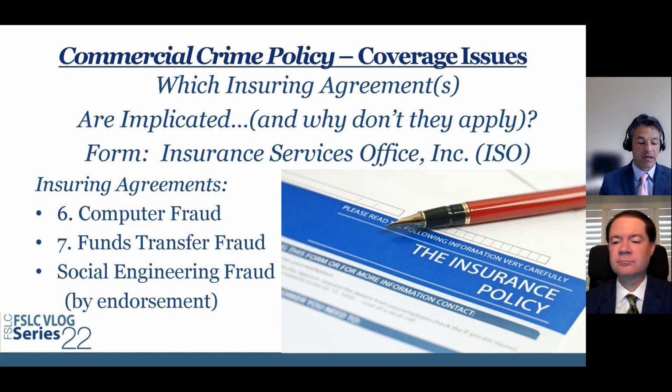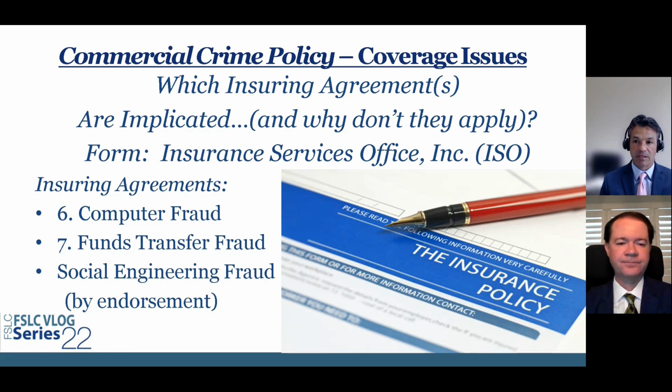Computer fraud, as provided in the policies, is where a bad actor in clandestine fashion transfers funds. It doesn't involve, and often now by definition there are forms where you cannot have, the insured's knowledge or consent as part of the transfer, or that it cannot be by an employee or some sort of authorized person.